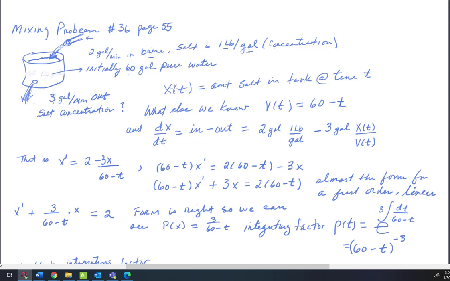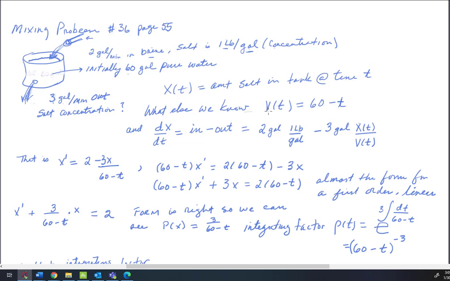Okay. Now what we want to find is the amount of salt in the tank at a time t. Let's let that be x of t. So x of t is the amount of salt in the tank at time t. Now what else do we know about the physical conditions here that will help us set this problem up?